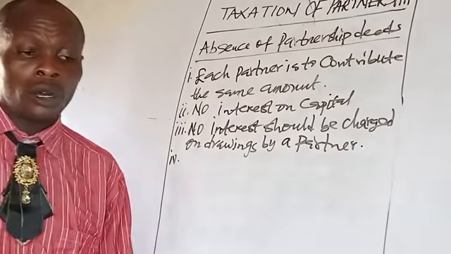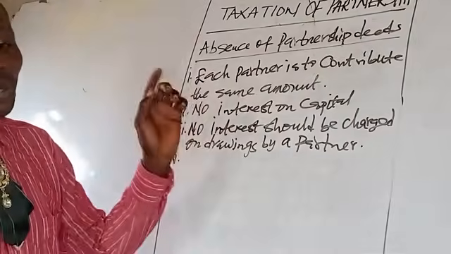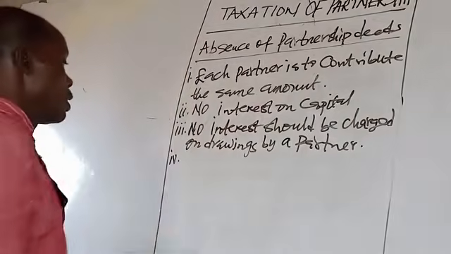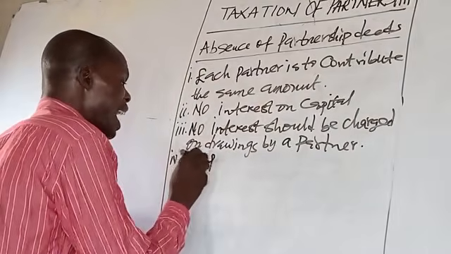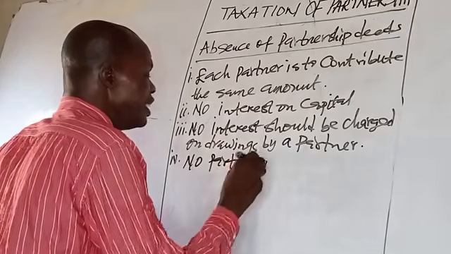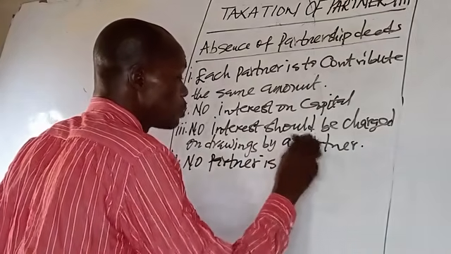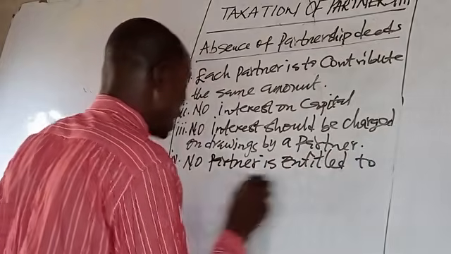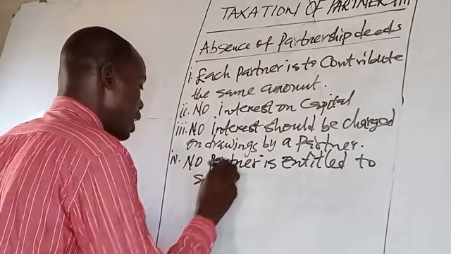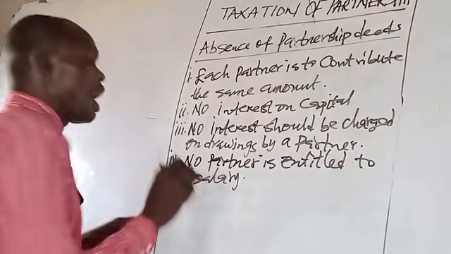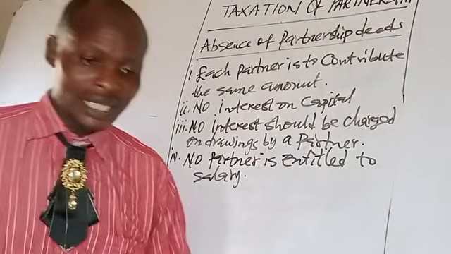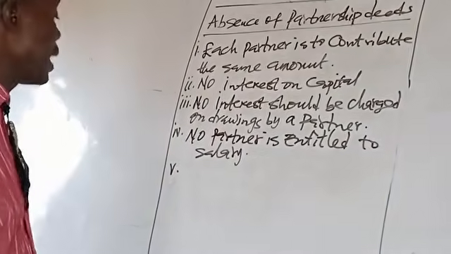Number 4, no partner is entitled to salary. No salary should be paid to any of the partners where there are no deeds of partners.